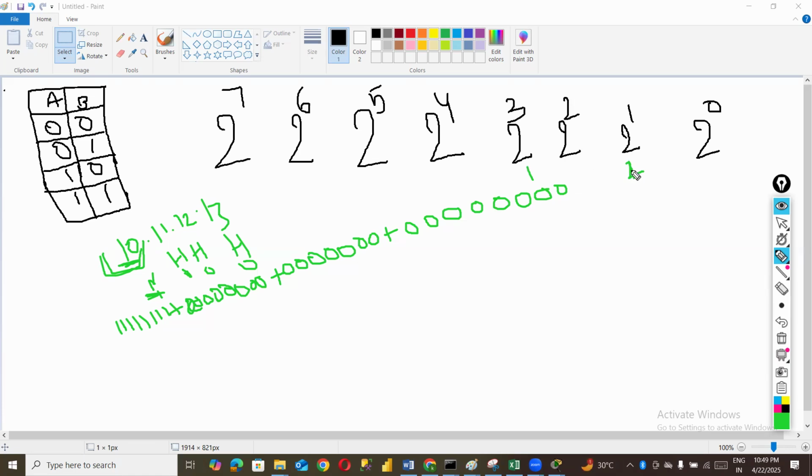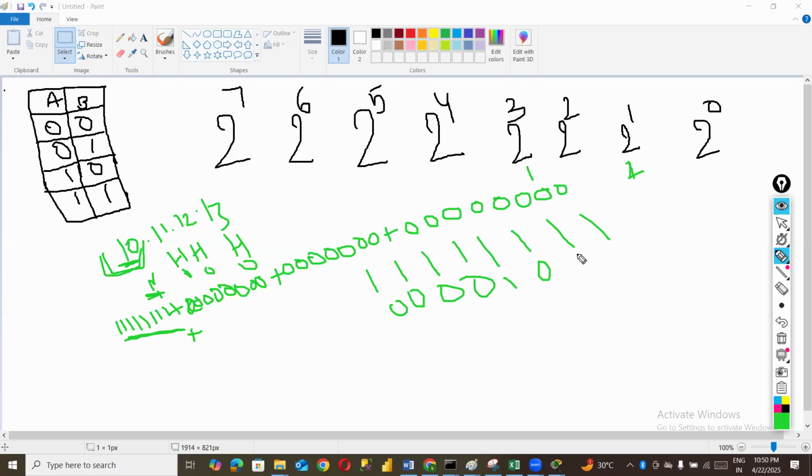So 2 power 2 will not come, 2 power 1 will come. Only the first we'll calculate, to understand more easily. So 0 0 0 0.